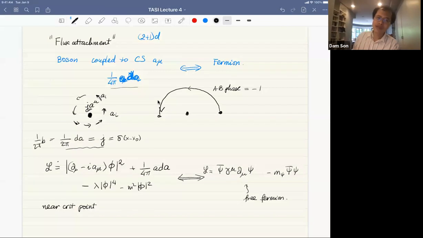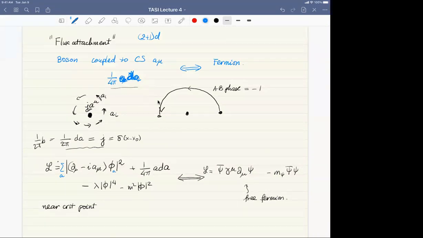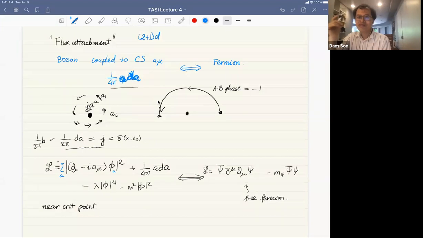Oh, if I have one U1 field little a, but a large number of scalars, then one can show that this theory will have a critical point. The O(N) or O(2N) scalars coupled to a single U1 gauge field will have a critical point.